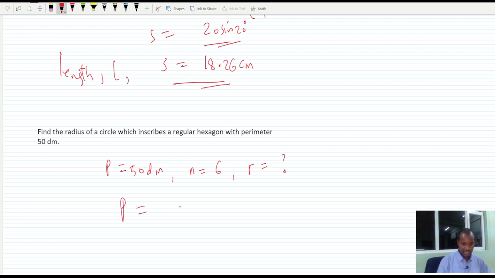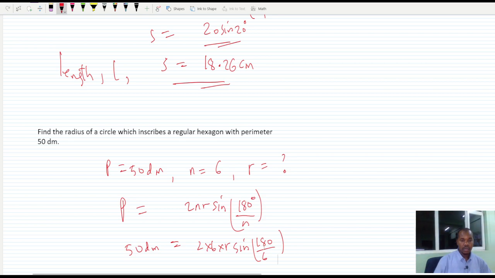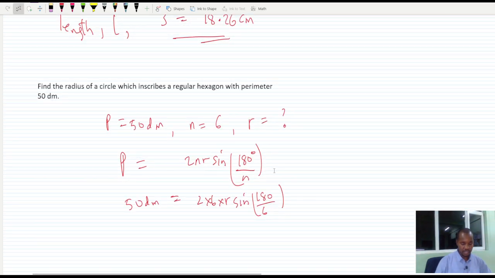Remember, the perimeter is 2nr sine of 180 divided by n. So now, perimeter is 50 decimeter equals 2 times 6 times r, which is unknown, times sine of 180 divided by 6. Continue solving.